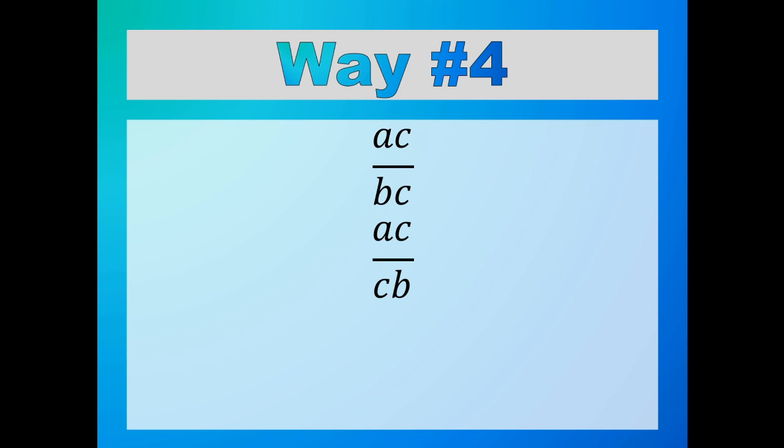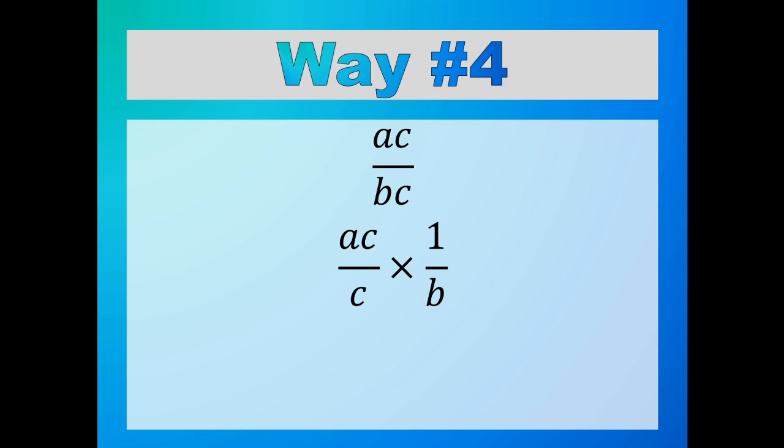b times c is equal to c times b. Now, ac is equal to ac times 1, and cb is equal to c times b. And so we can rewrite this as ac times 1 over c times b. Now, this is equal to ac over c times 1 over b, because to multiply fractions, you multiply both the numerators and denominators.